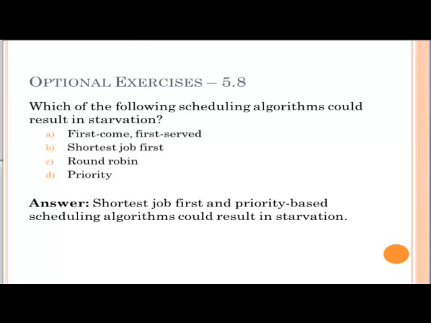So the answer is shortest job first, which is B, and priority based, which is D. So the answers are B and D. Again, you could read this in the textbook. There's more information on this.